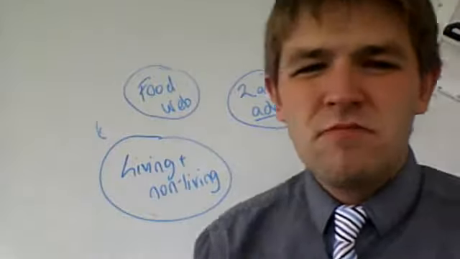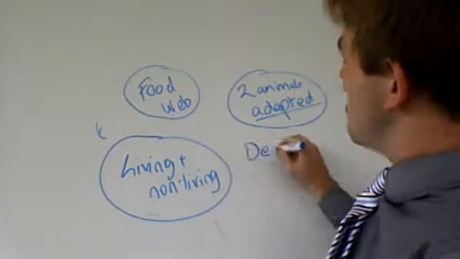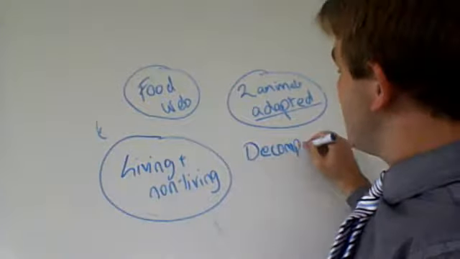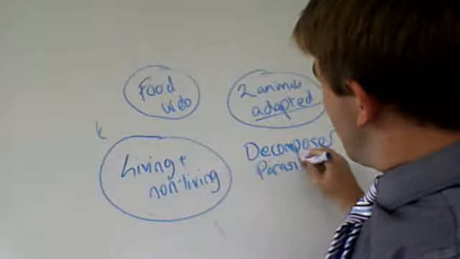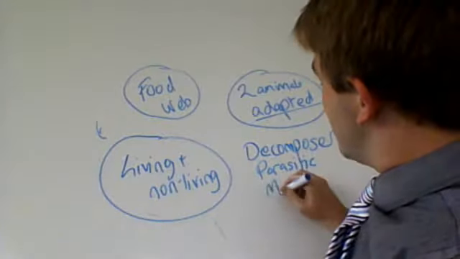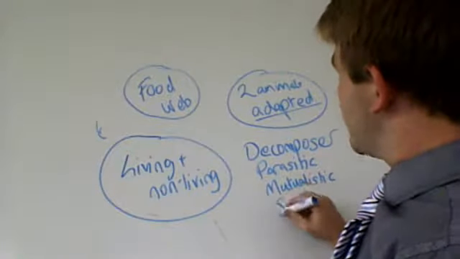One thing, if you do look at the sheet early, that might worry you. I mentioned a few new words to you. Decomposer, parasitic, mutualistic, and symbiotic.